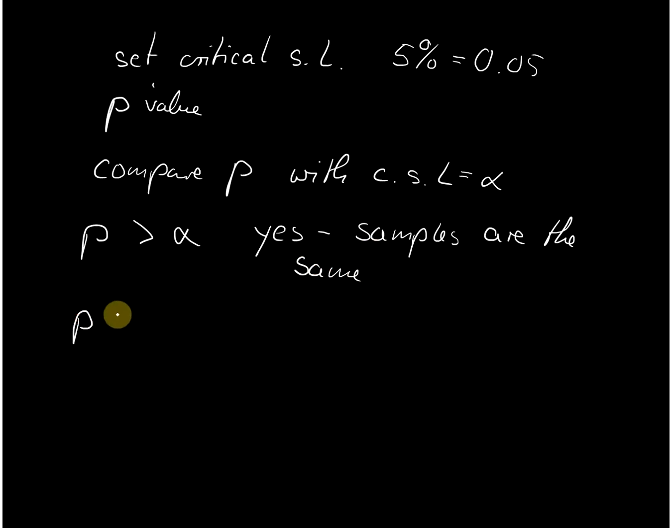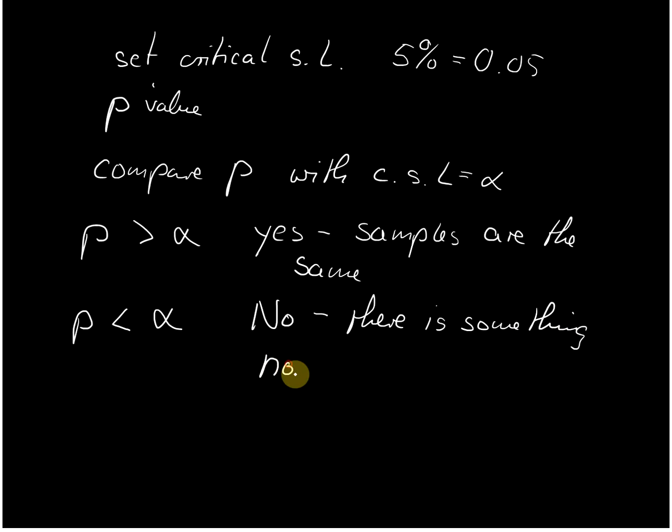If p is smaller than alpha, then we say no, there's something else, not just the sampling error. There's more to it.